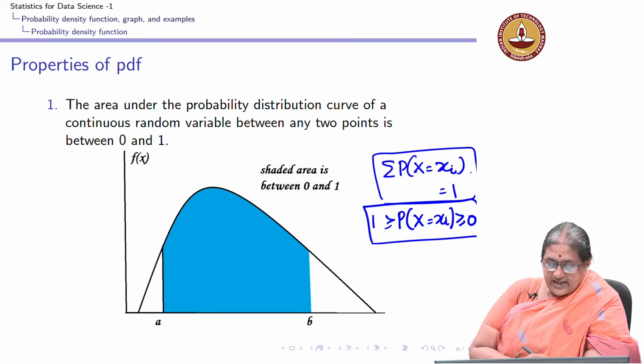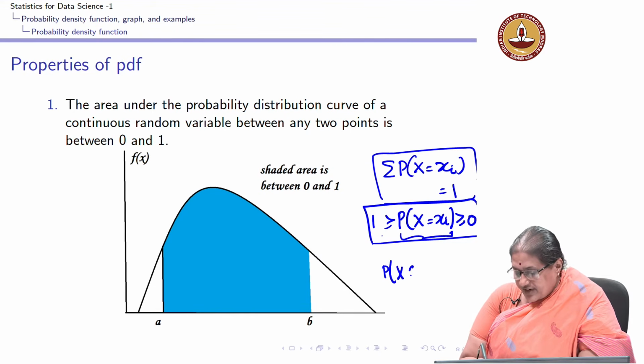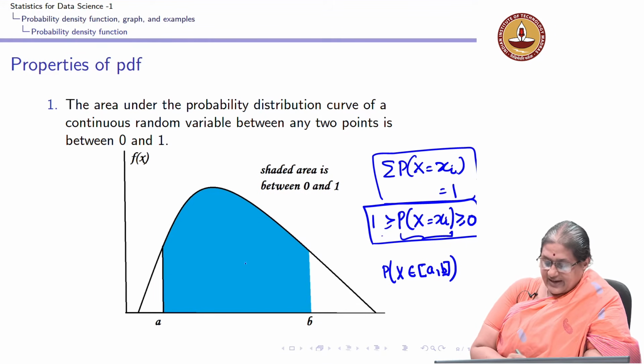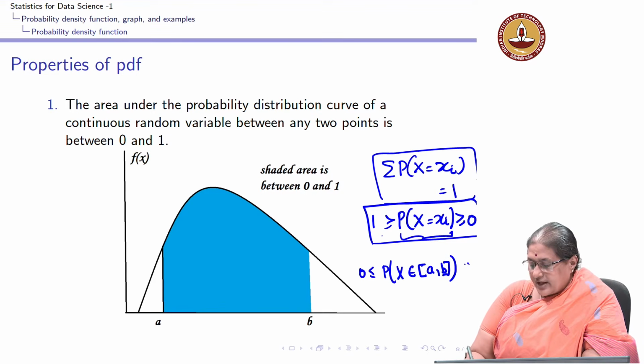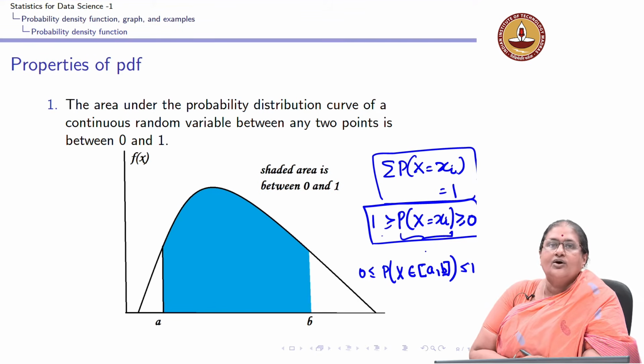So, the first thing I need, the analogous one, is that probability x equal to xi lies between 0 and 1. Here I do not have a probability x equal to xi; I have defined a probability that x is in an interval 0 to b, and I know that is the shaded area that would lie between 0 and 1. That is the analogous thing I need to understand.